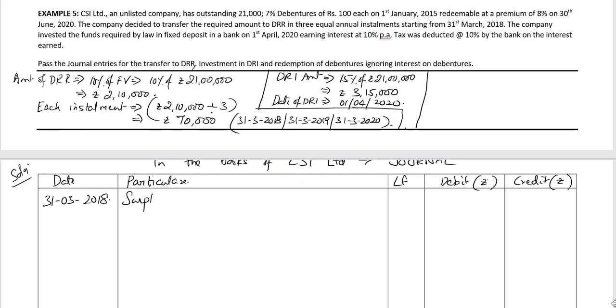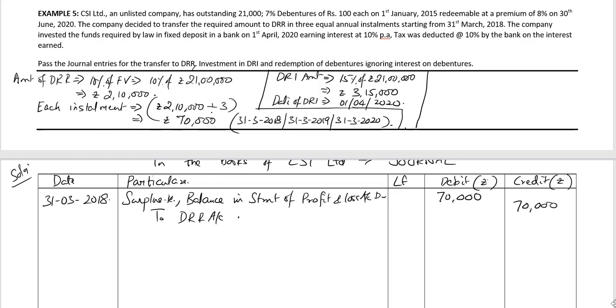Surplus, that is balance in statement of profit and loss account debit to DRR account, transfer to DRR the first installment 70,000 rupees, transfer to DRR.